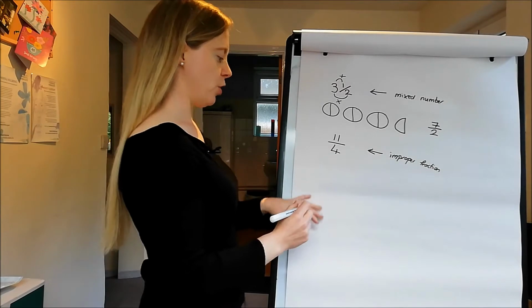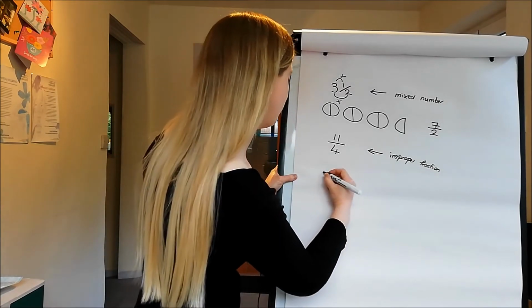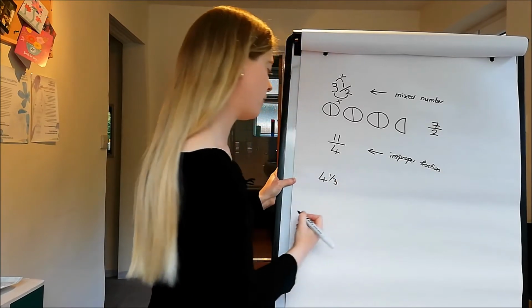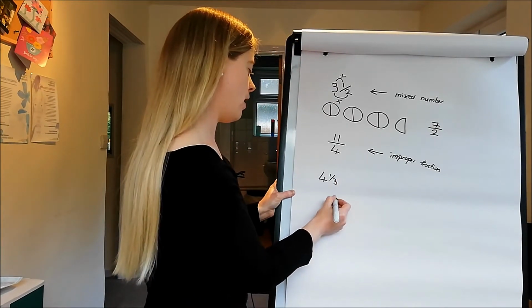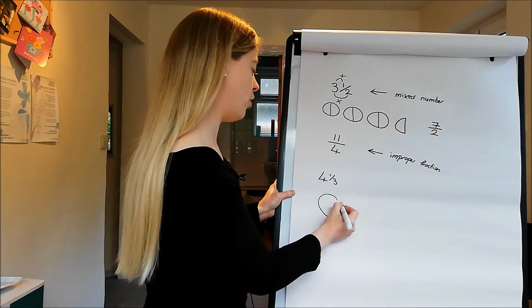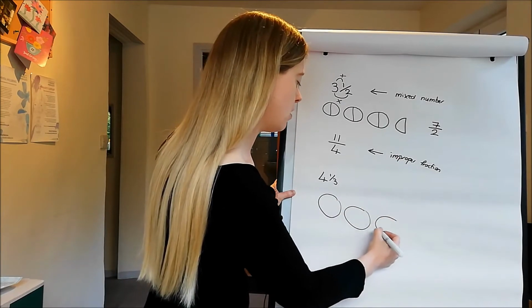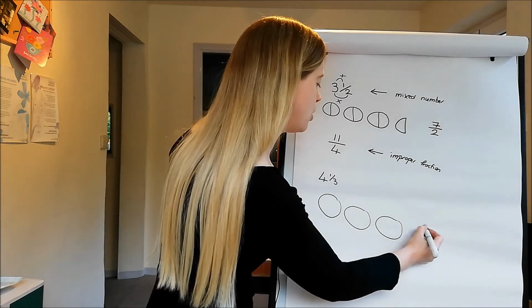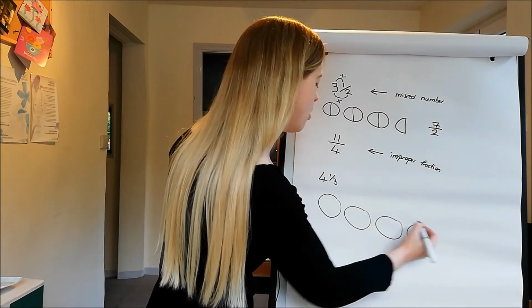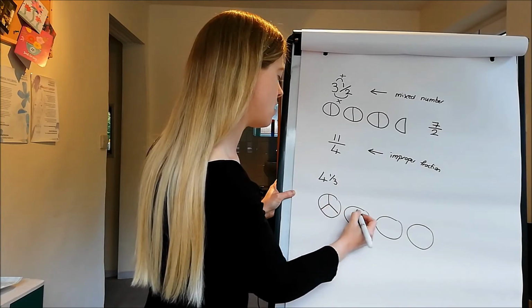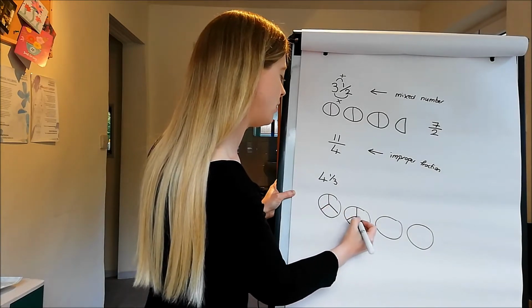So if I was to do another one, if I have 4 1/3, if I have 4 cakes, and I was to split them into thirds, then I would be splitting each cake into 3 equal slices.